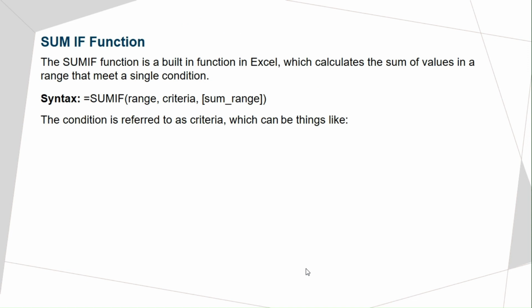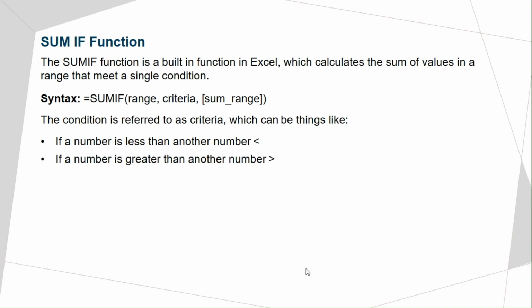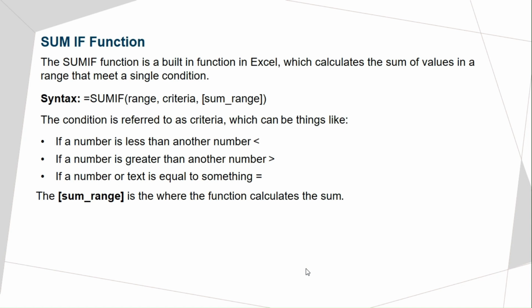The condition is referred to as criteria, which can be things like if a number is less than another number, if a number is greater than another number, or a number or text is equal to something. The sum range is where the function calculates the sum.